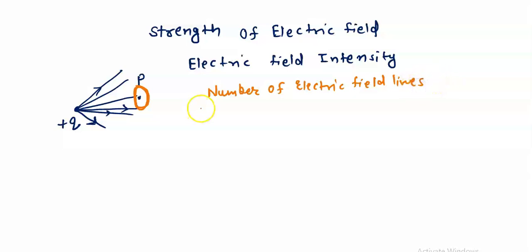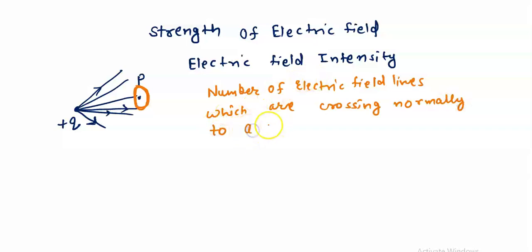which are actually crossing normally. Normally means perpendicularly, normally to a unit area. Now this area is a unit area, like 1 meter square, 1 centimeter square.